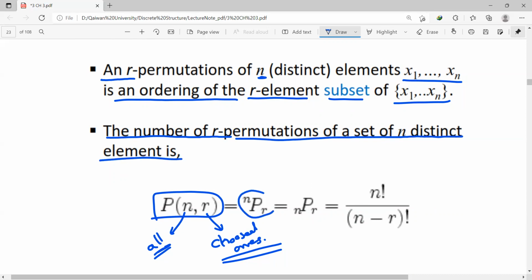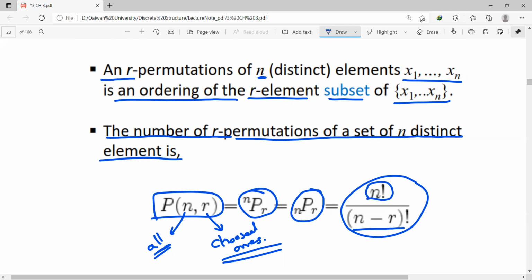It could be written this way or this way, and it's all equal to this. That means R permutations of n elements is n factorial divided by n minus R factorial.